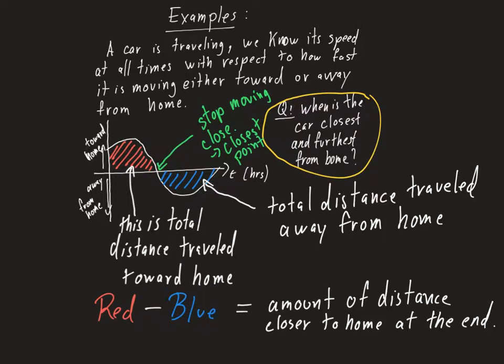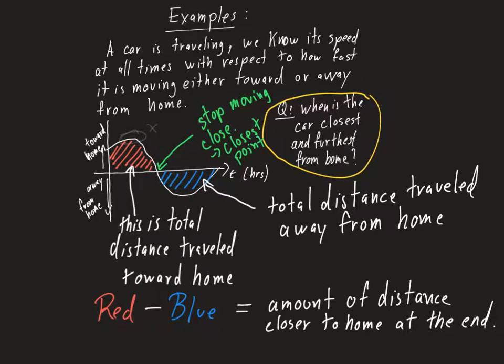All right, I want to mention this because it might be tempting to think of something over here as being the point where you are closest to home. But this point here, the highest point on this graph, just indicates the point at which you are driving the fastest towards home.